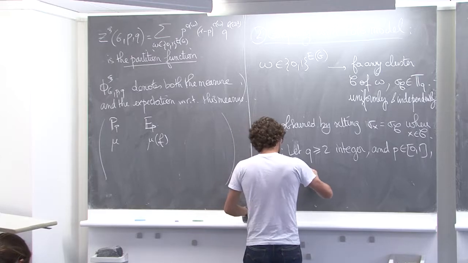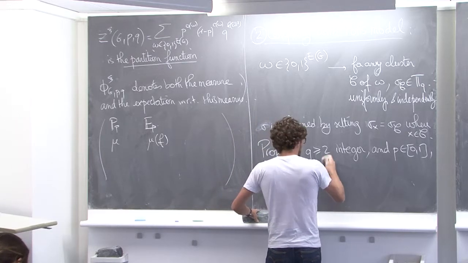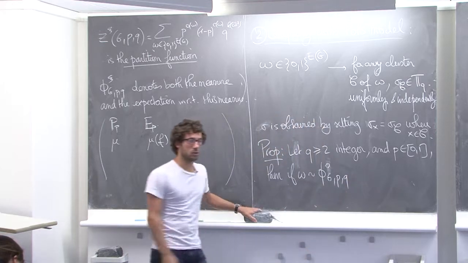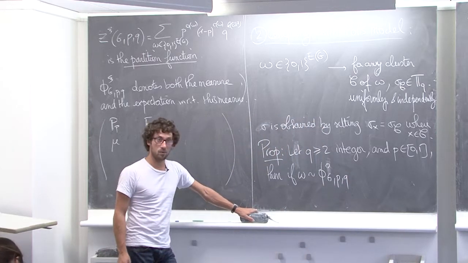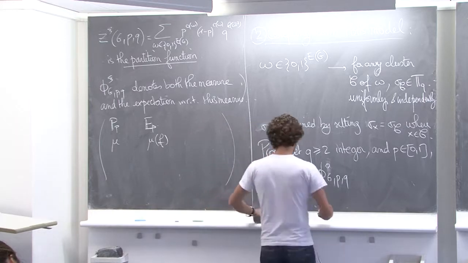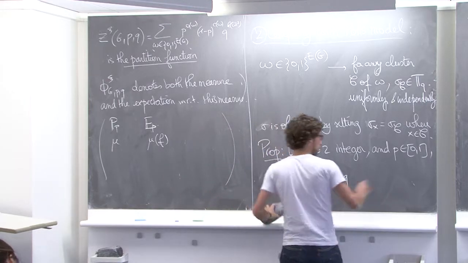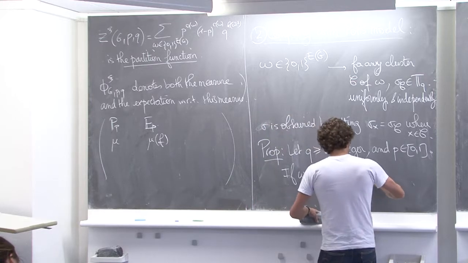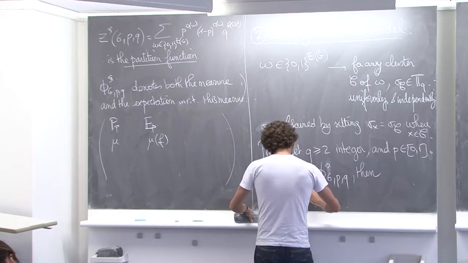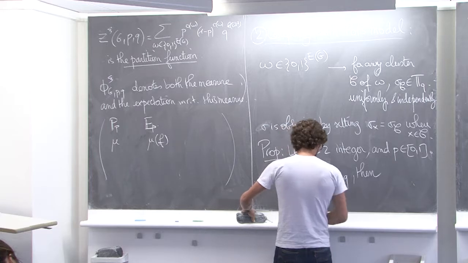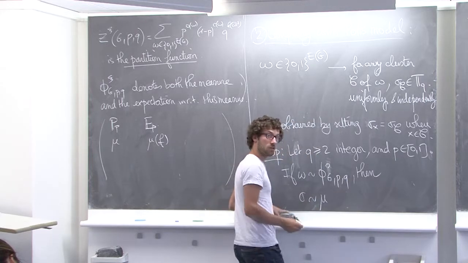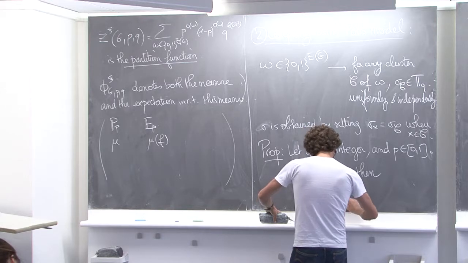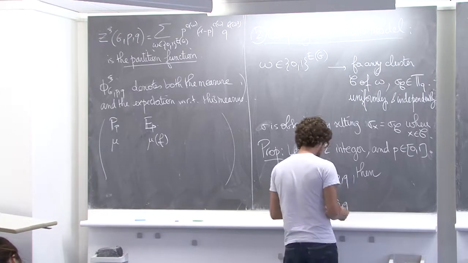If omega is sampled according to the free boundary condition random cluster measure on G with parameters p and q, then sigma is sampled according to the measure mu of the Potts model, G, beta, q with free boundary conditions.